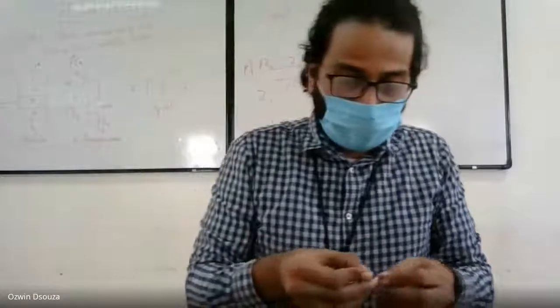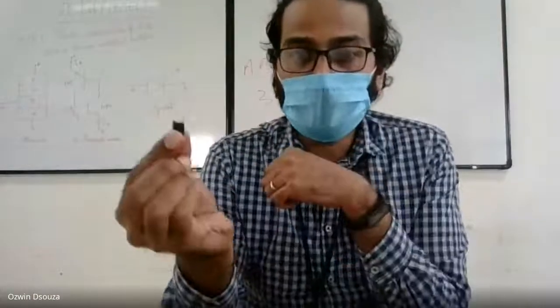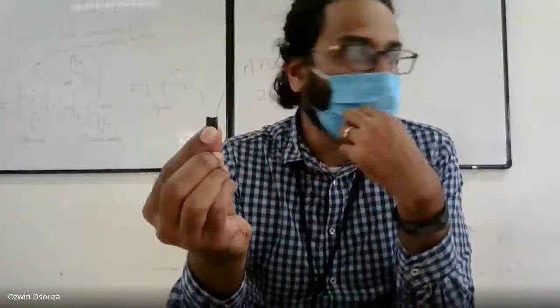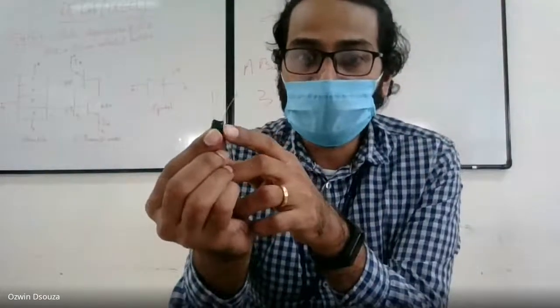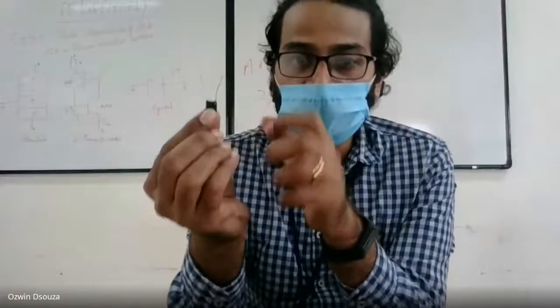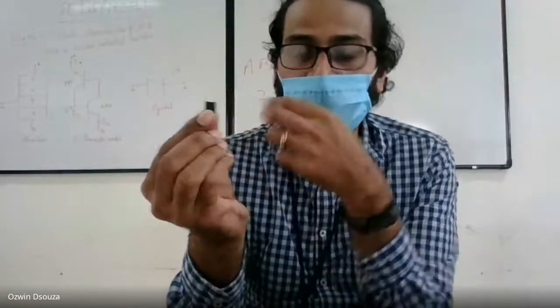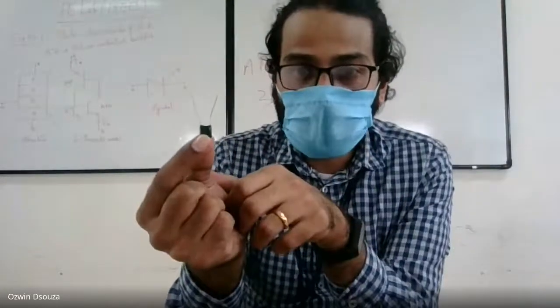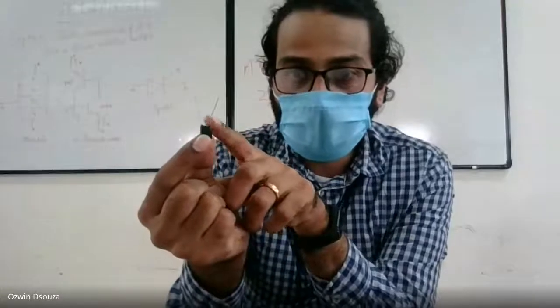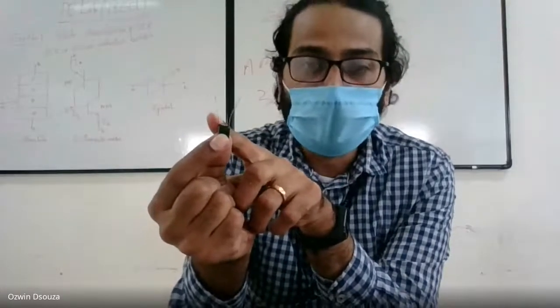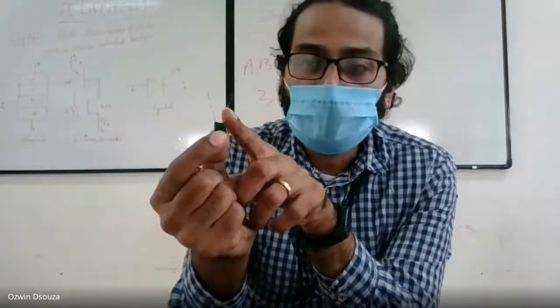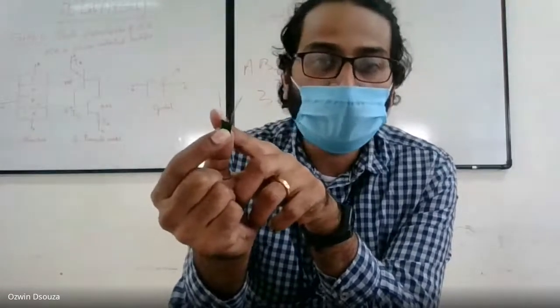And similarly, you have other types of capacitors. This is a non-polarized capacitor. This is also called a polyester capacitor, because polyester is used in the construction of the outer layer. As you can clearly observe, the two legs of the capacitor are of equal length, as in it doesn't matter which is positive or negative.